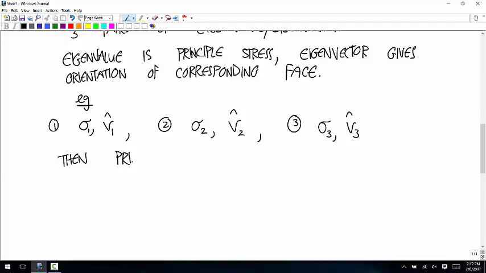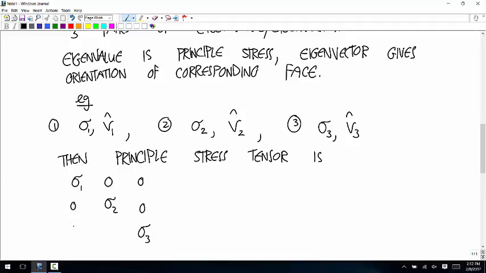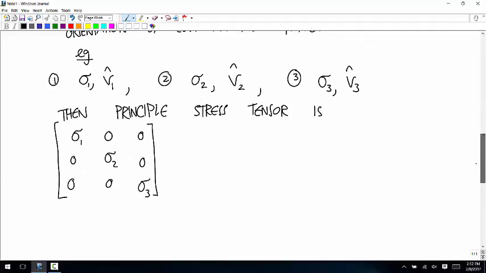Then the principal stress tensor is sigma 1, sigma 2, sigma 3 on the diagonal with everything else zeros, where x is parallel to v1, y is parallel to v2, and z is parallel to v3.